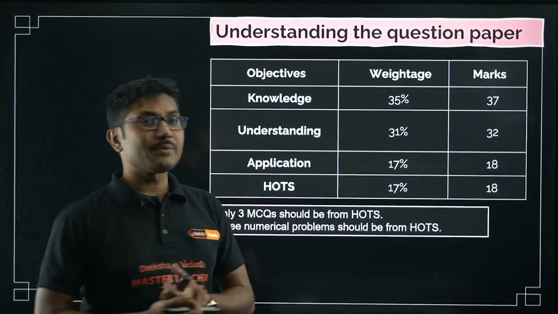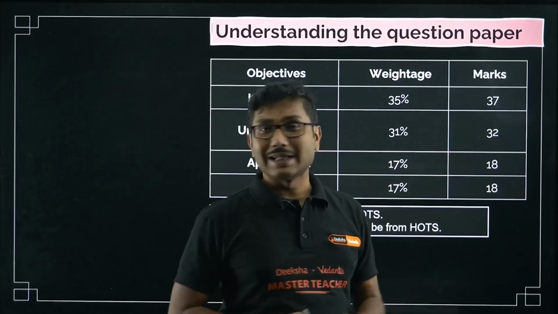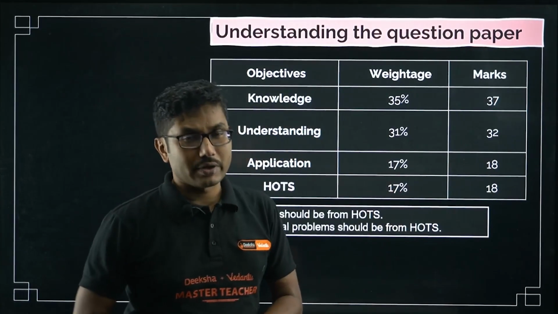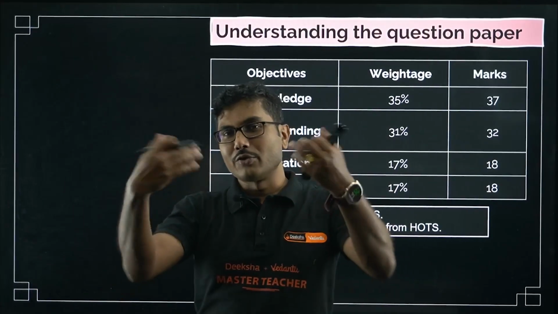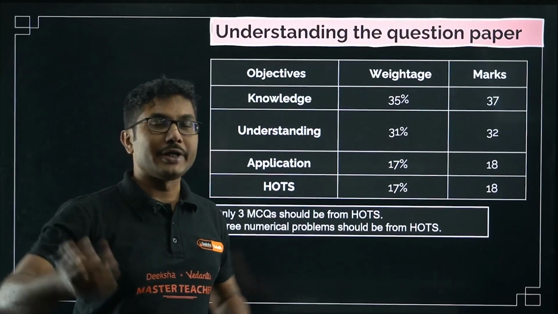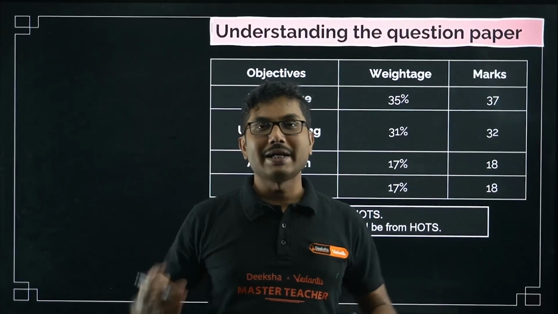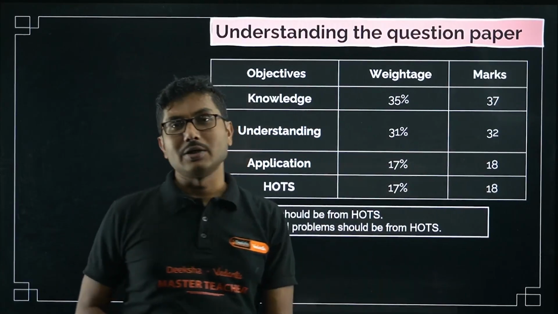Here 32 marks is allocated. This is also relatively easier because you can predict whatever questions are going to come and memorize them. If you are good in memorizing, you can memorize it. If you are good in practicing and understanding the actual concept, how you are applying it and solving it, that is also fine. So understanding is basically 32 marks.